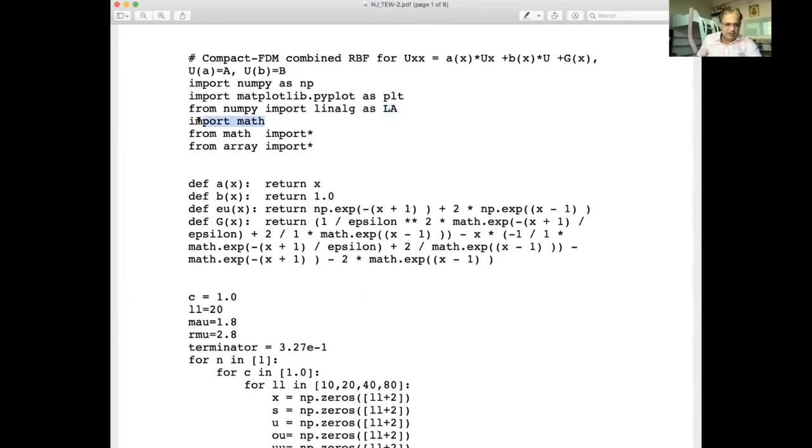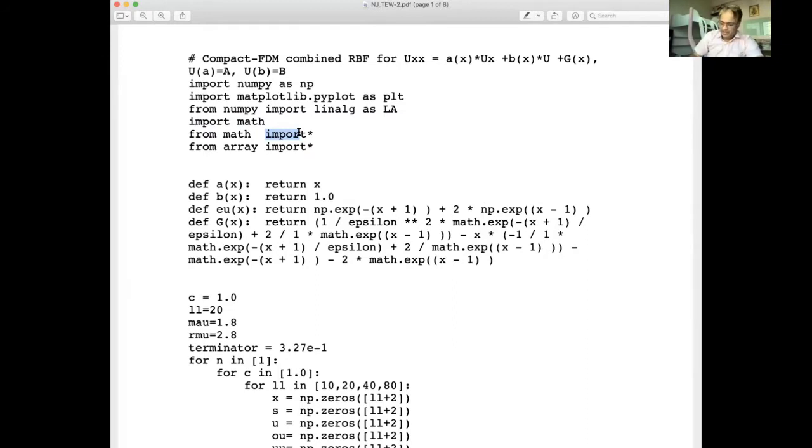Thereafter, I will import math, which is used for sine, cos, tan, exp, all those kinds of things. Not only from math, I am going to import everything, denoted by a star, and also array, which will again be imported using the star symbol.